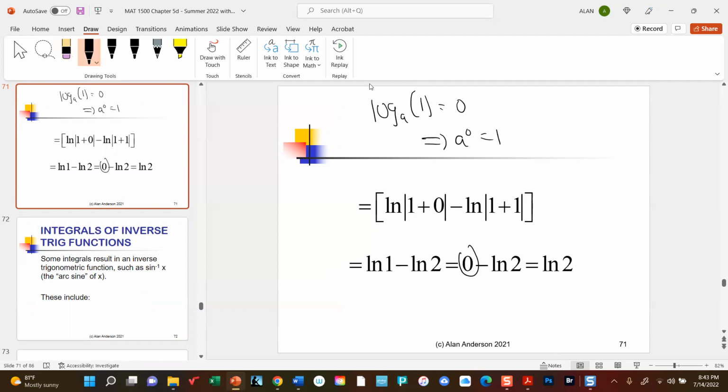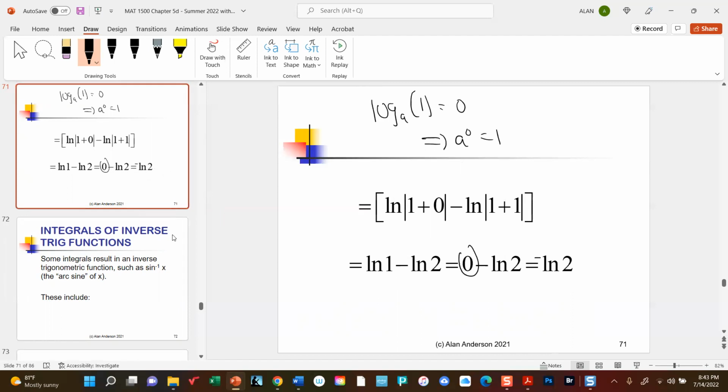So you end up with 0 minus log 2. So, that should have been negative. I'll fix both of these and post the corrected solutions later on. Okay, yeah, that's definitely a negative.